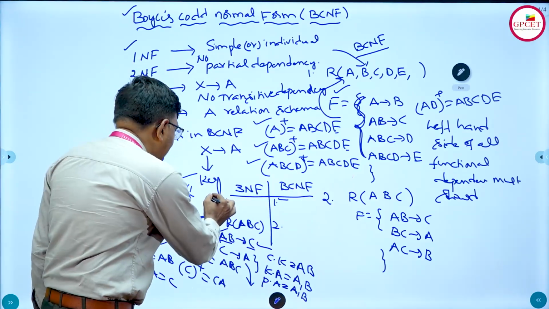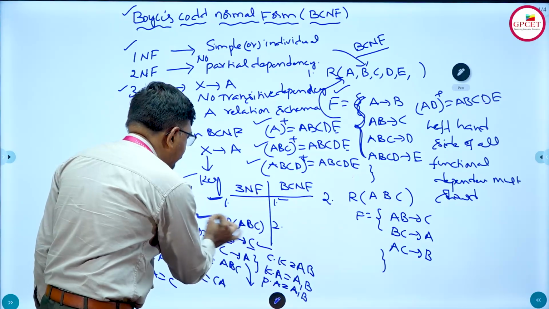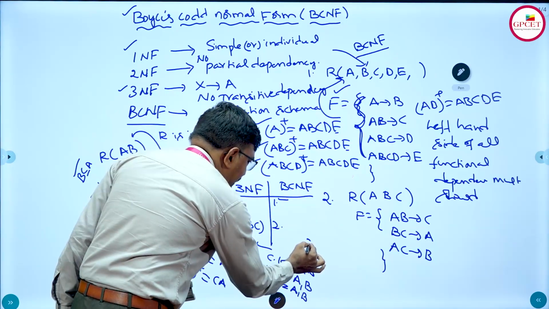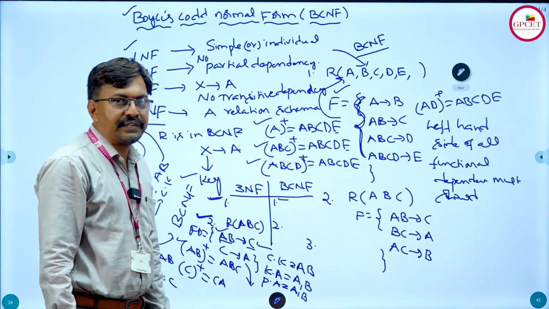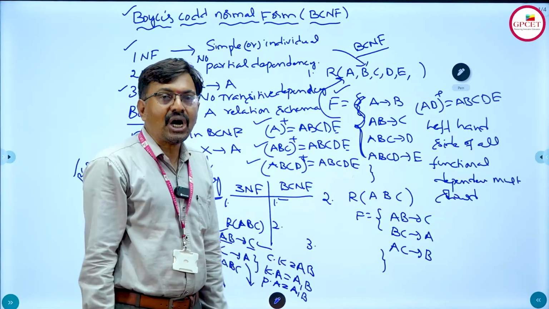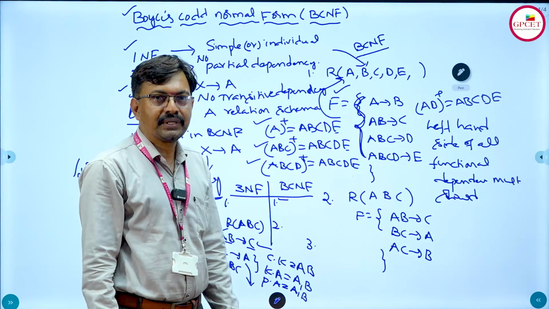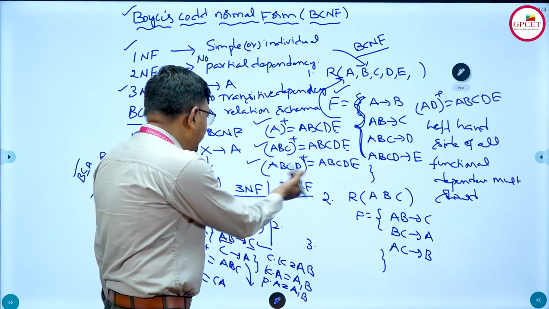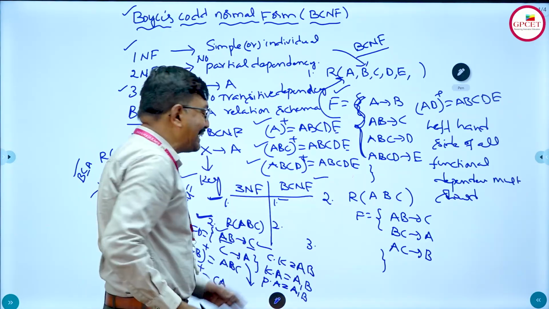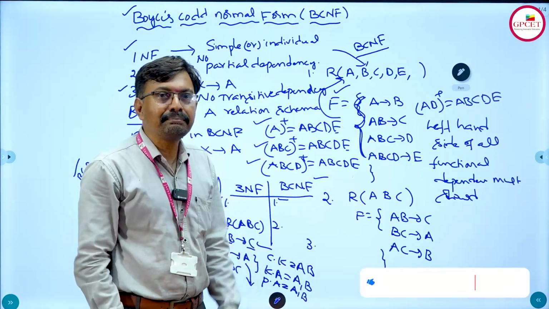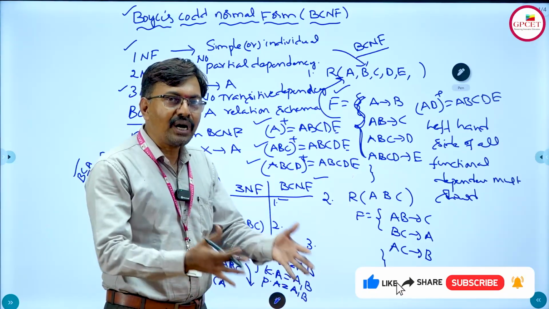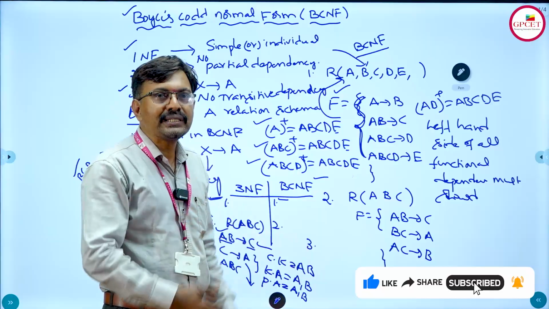The first one is satisfied. Second example, third one, the difference between 3NF and BCNF. A relation schema R is in 3NF, but not necessarily in BCNF. Whereas on the right hand side, a relation schema R is in BCNF, and it is also in 3NF.